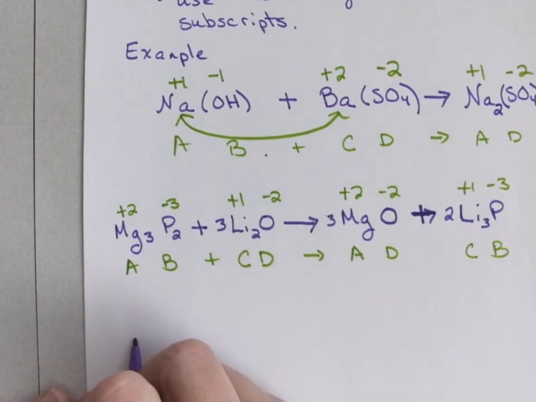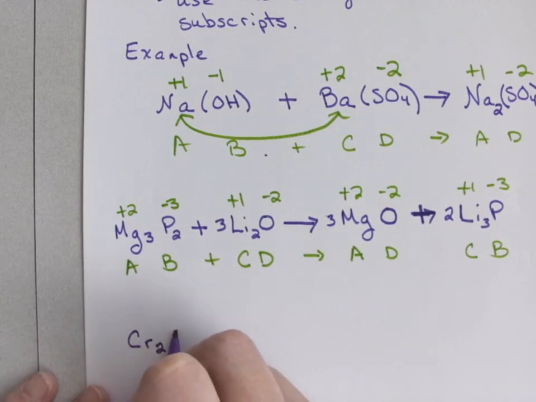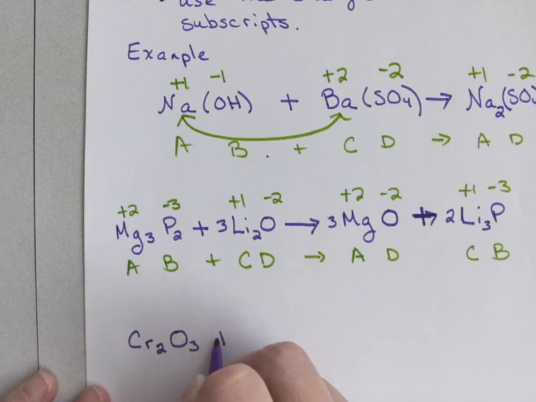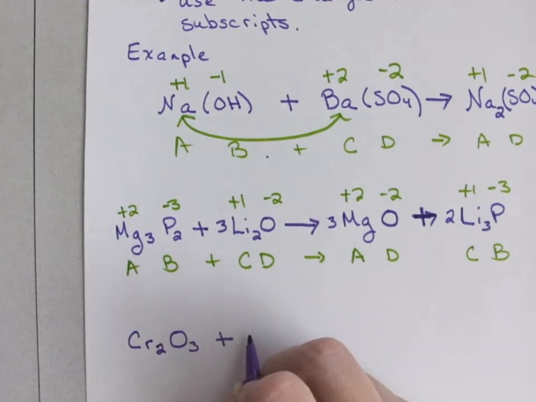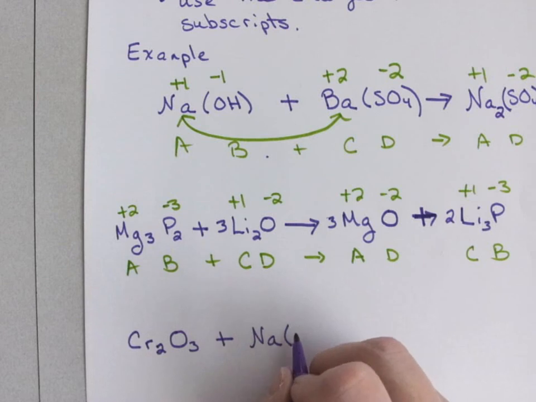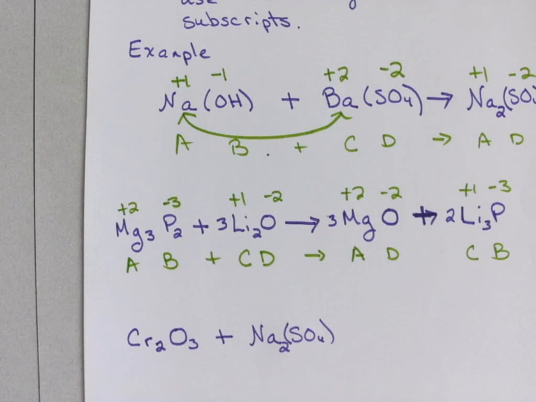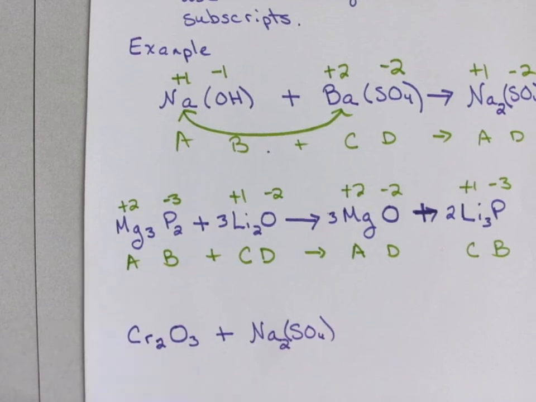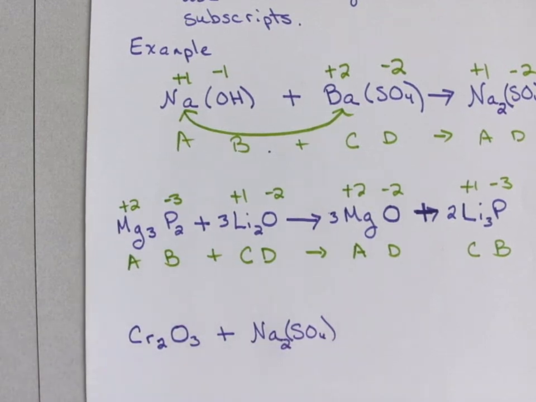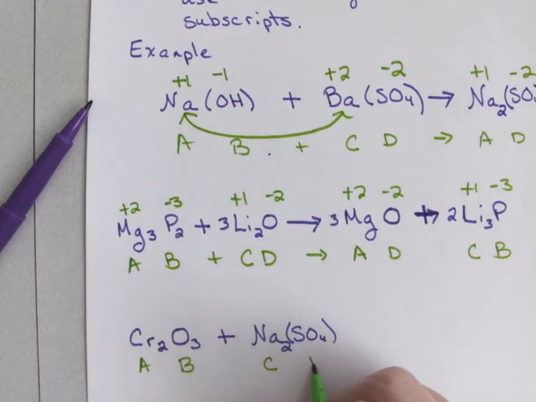Let's do Cr2O3 plus chromium oxide with sodium sulfite. Okay, this is our A, this is our B, this is our C, and this is our D.